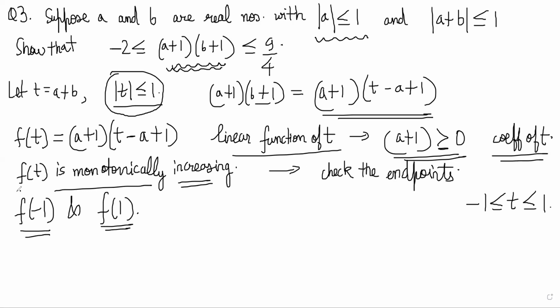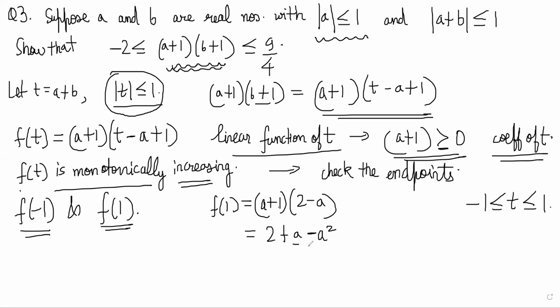So what is f of 1? F of 1 is basically a plus 1 into 2 minus a. If you simplify that a little bit, you will get 2a plus 2 minus a square minus a.